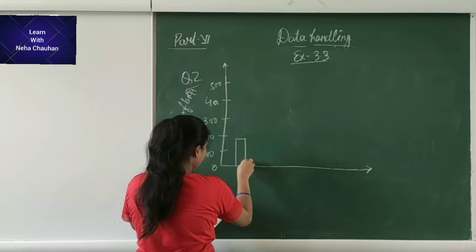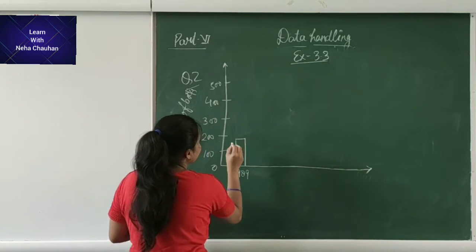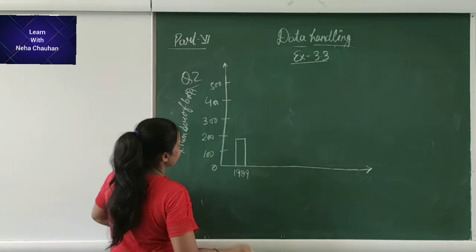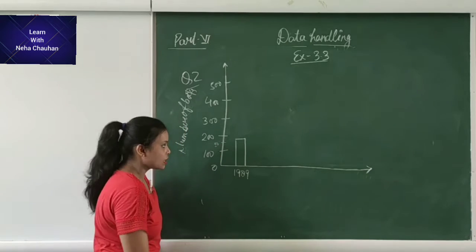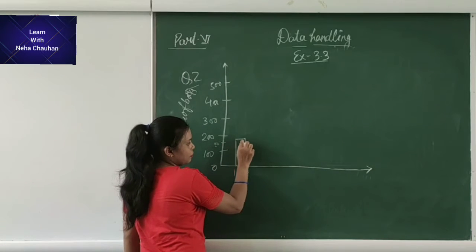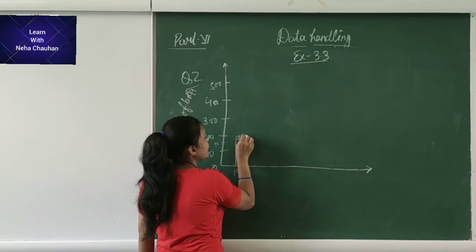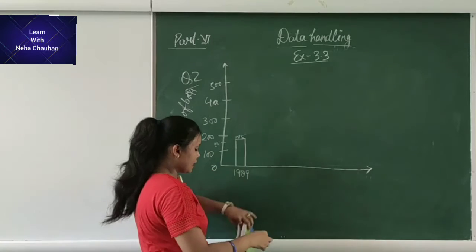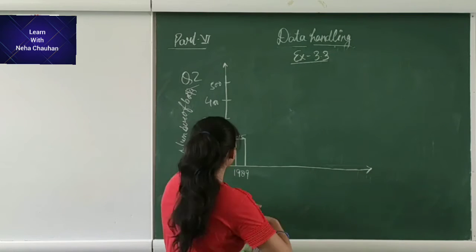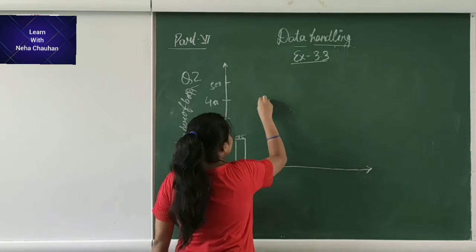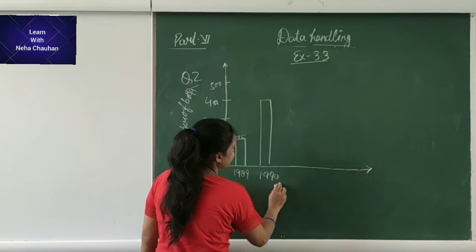1989. So this represents that this is the half. If this is half, this will be 150, right? But this marking is above 150, so we can take it as 175. Alright. Next is year 1990.